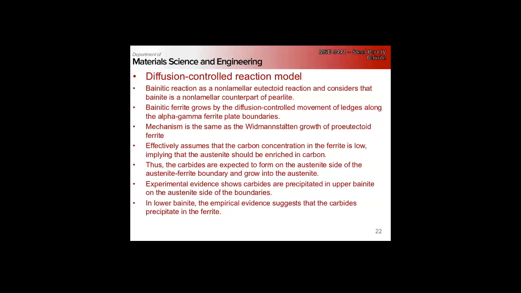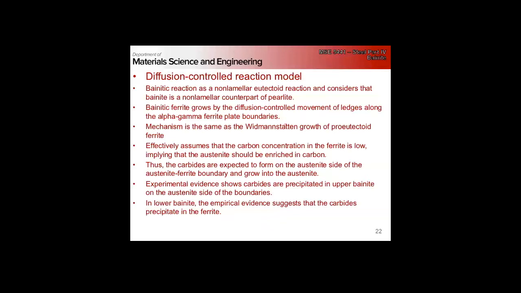So if we partition out into the austenite, we expect that's where the carbide should grow from, because that's where the carbon is. Basically the same as nucleating cementite in pearlite. And so for upper bainite, we actually see that happening.